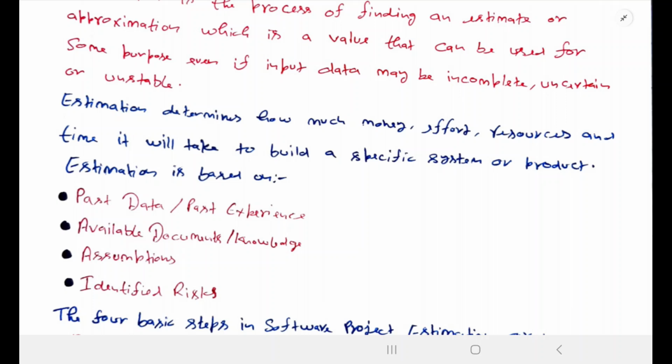This estimation will be based on available documents and available knowledge. This will be based on assumptions as well as identified risks.